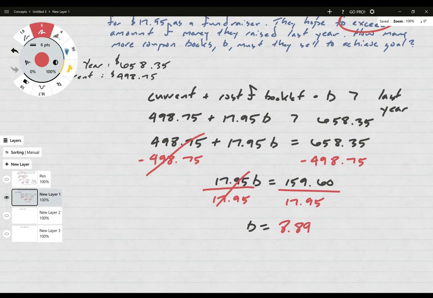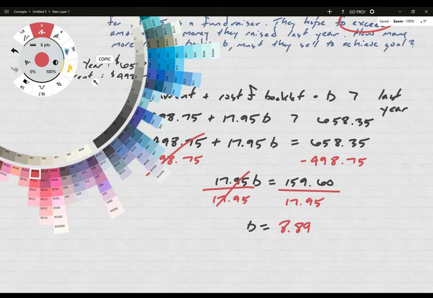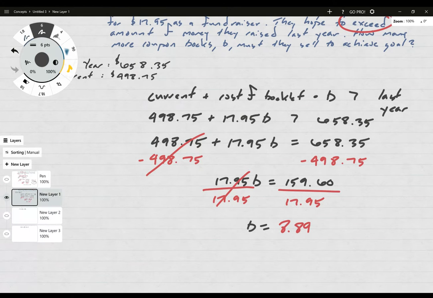So obviously I can't sell 8.89 booklets, so that means they have to sell more than that to achieve their goal. So B, the number of booklets they have to sell, is more than 8.89, and if we want to be technical, they need to sell more than 9 books.